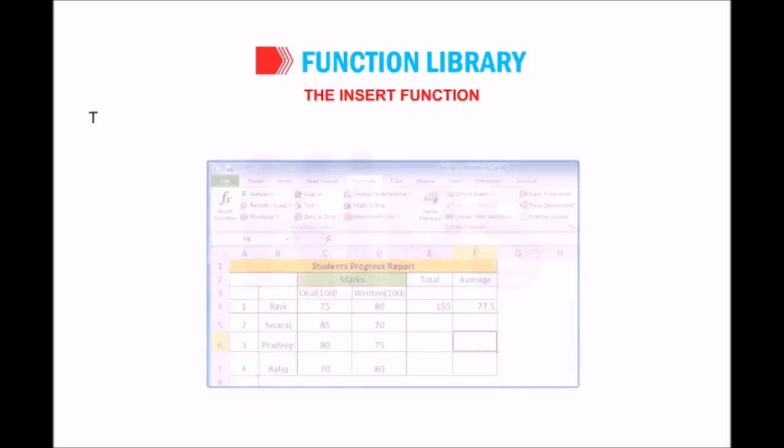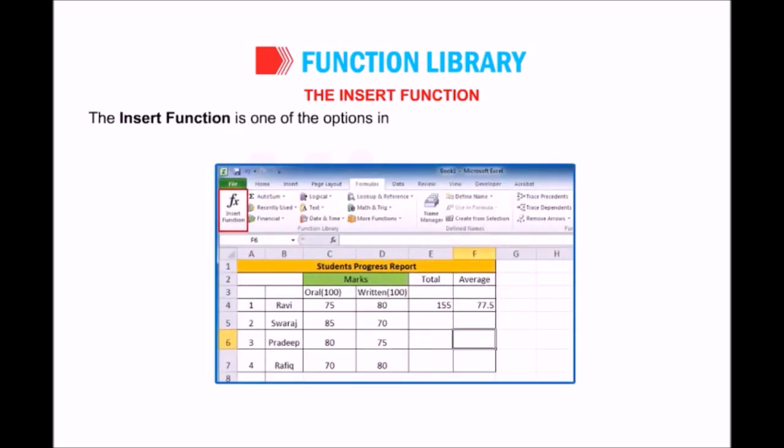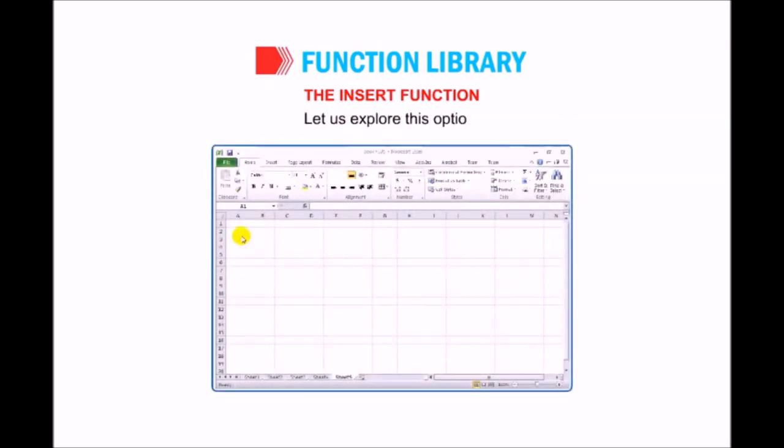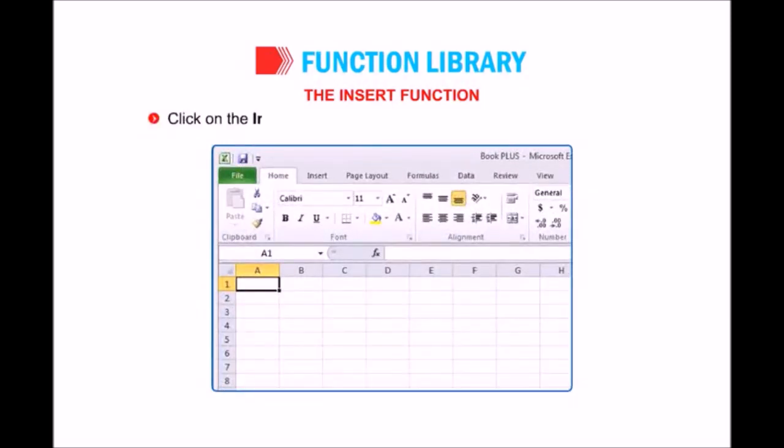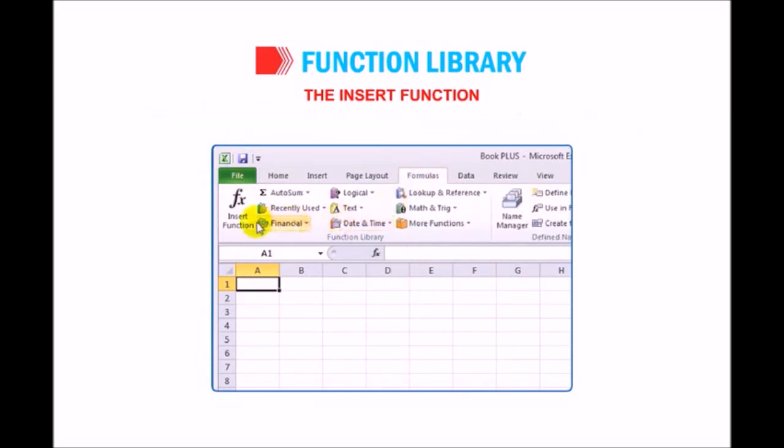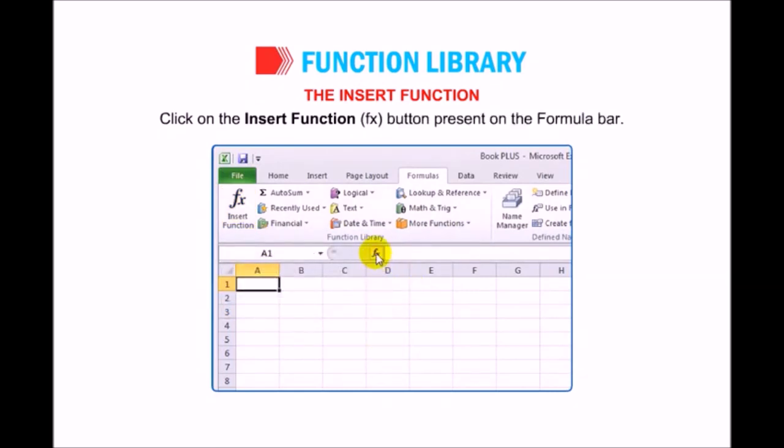The Insert Function. The Insert Function is one of the options in the function library group which helps us in creating a formula. Let us explore this option. Click on the cell in which you want to enter a formula. Click on the Insert Function button present on the Formulas tab, or click on the Insert Function button present on the formula bar.